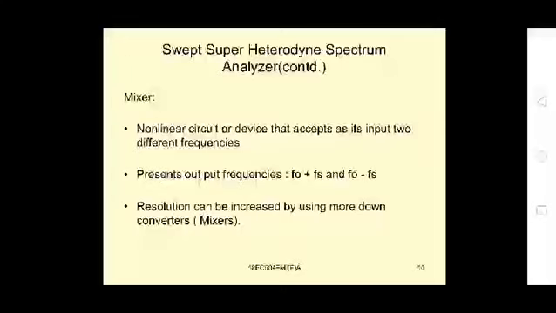And the mixer is a nonlinear circuit or device that accepts two different frequencies at its input, f0 and fs, and produces at the output frequencies ranging from f0 plus fs to f0 minus fs. So it will beat to a certain frequency, then it produces the intermediate frequency, and the resolution can be increased by using more down converters in the mixer section.